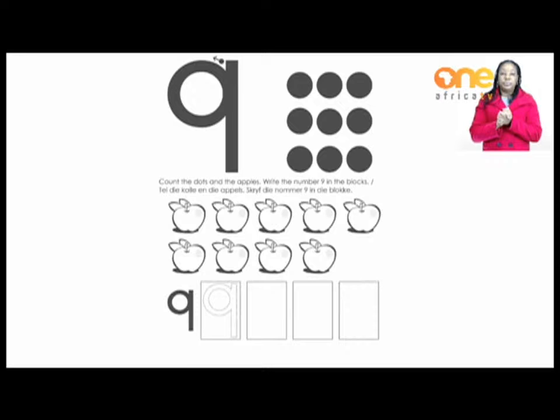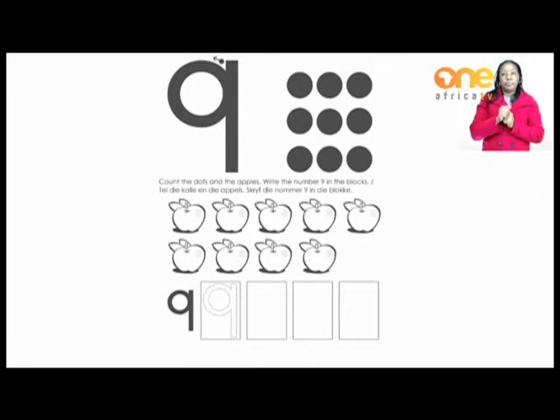On page 3, I would like you to trace number 9, which is right on the left-hand corner of your booklet with your index finger. Your index finger is the one you use for pointing. Now let's trace over number 9 on page 3.